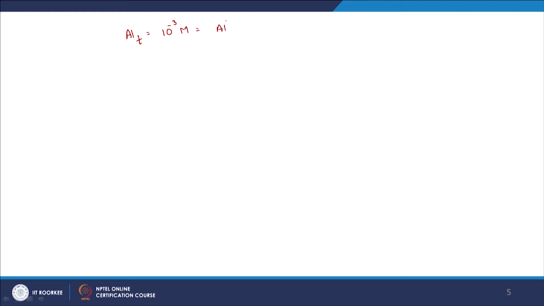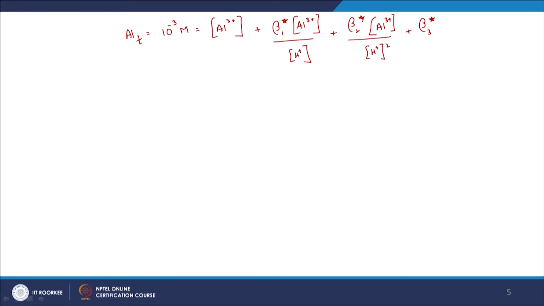That's equal to Al3+ plus beta 1 star into Al3+ by H+, plus beta 2 star into Al3+ by H+ square, plus beta 3 star into Al3+ by H+ cube, plus beta 4 star into Al3+ by H+ to the power of 4.